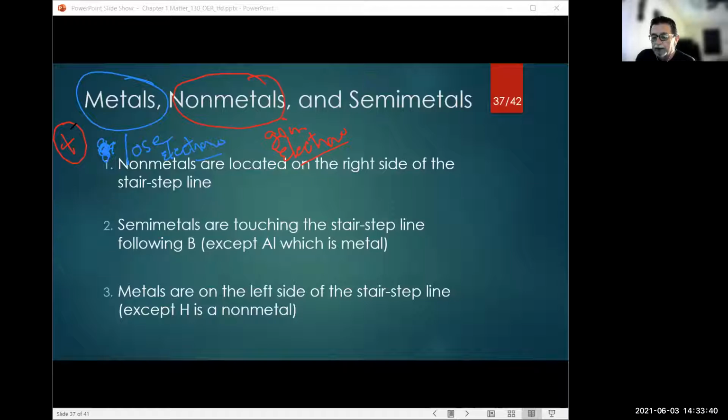Okay? So remember that. The other thing is non-metals. Since they gain electrons, which are negative charge, guess what charge they're going to end up with? A negative charge. And that's important too. Okay? Because by gaining electrons, they have a negative. And by losing and gaining electrons, this is what makes up ions.